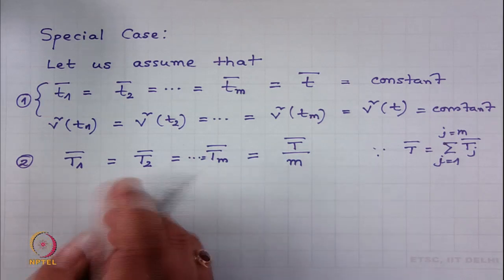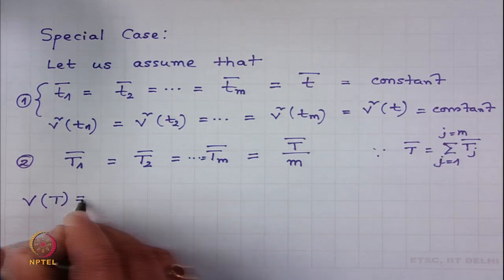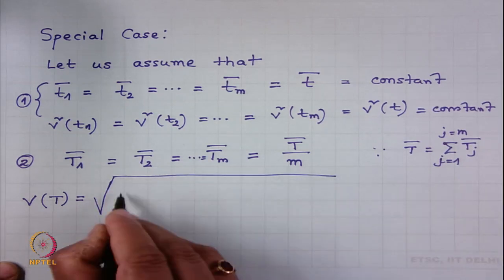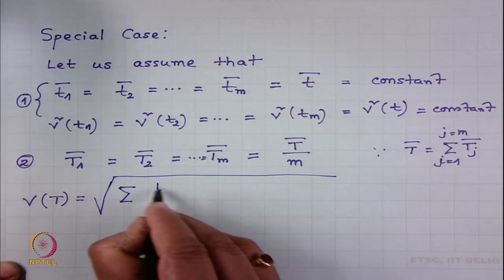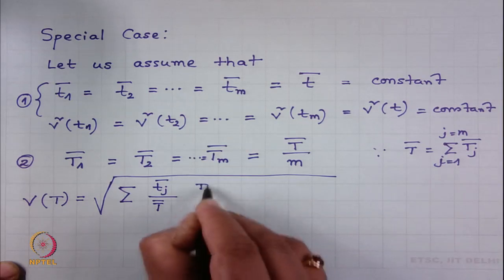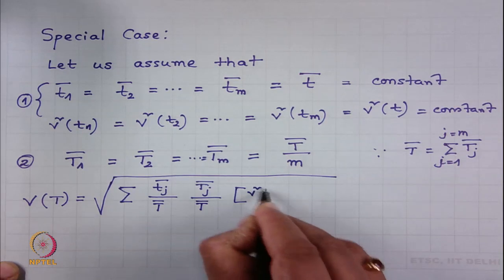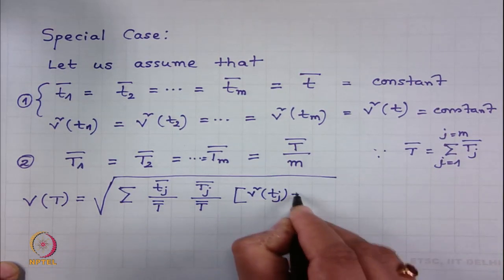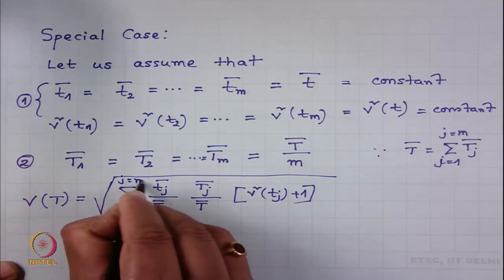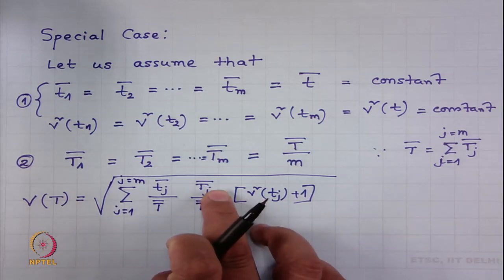Then what we obtain is, let us rewrite. Here we will write T bar by m.